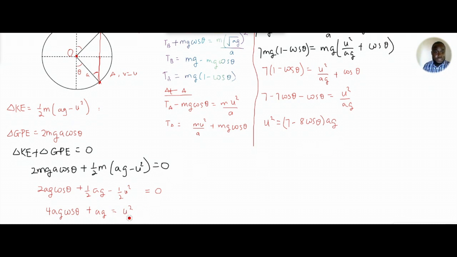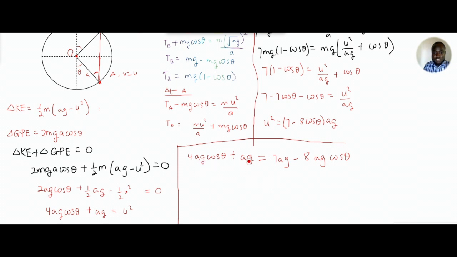Since u squared is just the square of the velocity at the point A, the two expressions should be equal. Now we can group like terms, simplify the equation and solve for cos theta.